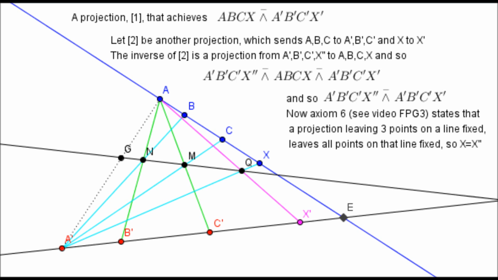Well, that axiom then infers that this projection, which supposedly sends X'' to X', leaves X'' invariant. In other words, to say it simply, X' has to equal X''. So that's pretty much the end of the argument.